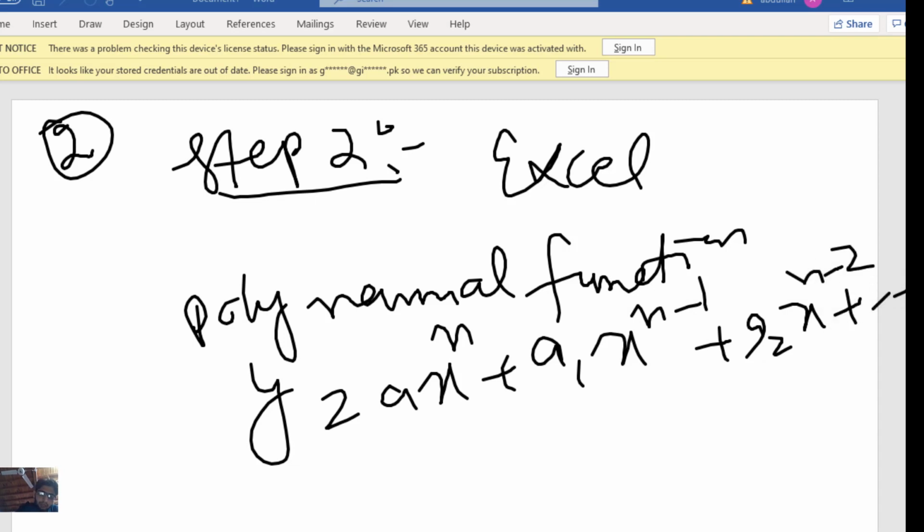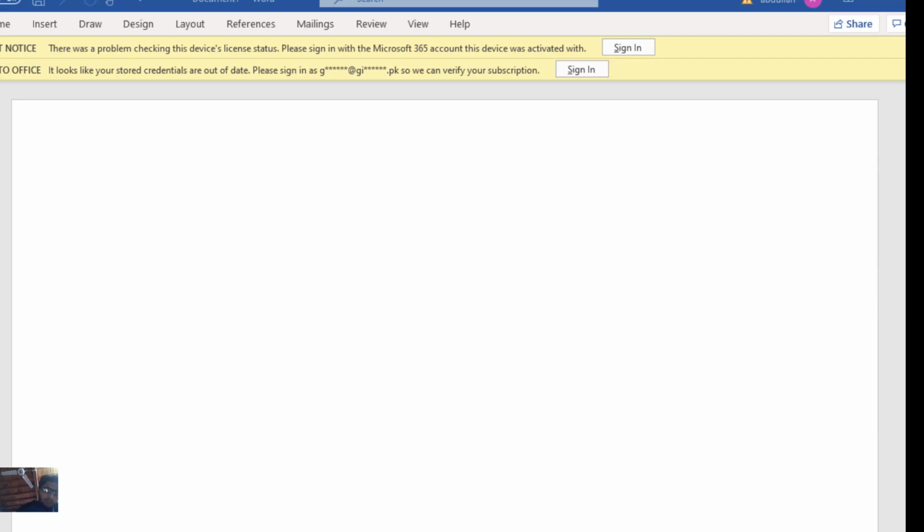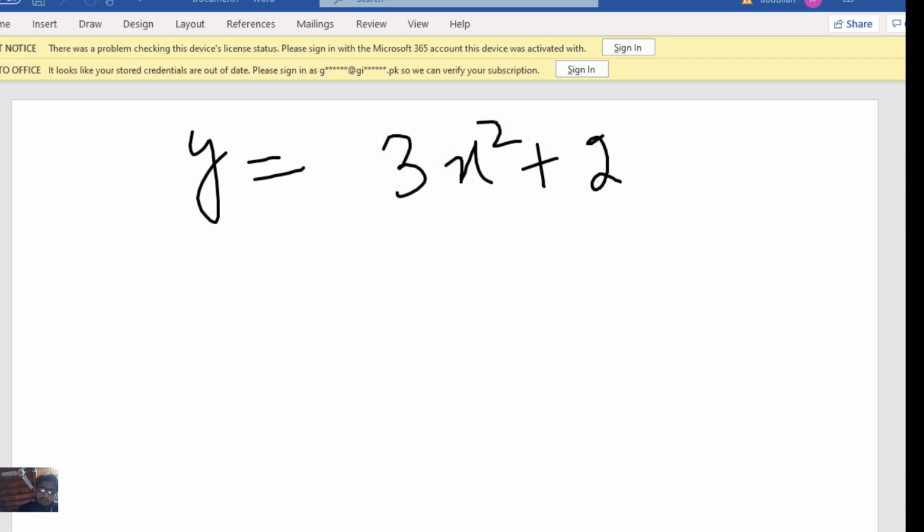We will find a polynomial function like this. Suppose someone has obtained this type of equation in the Excel tool.